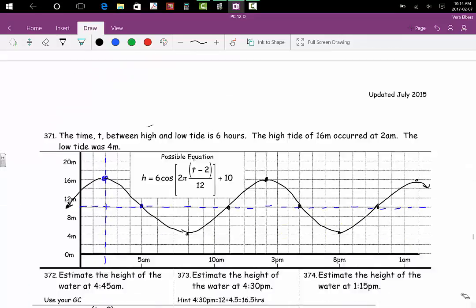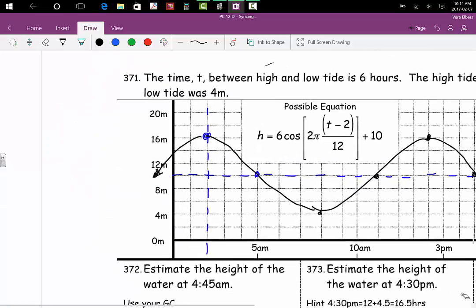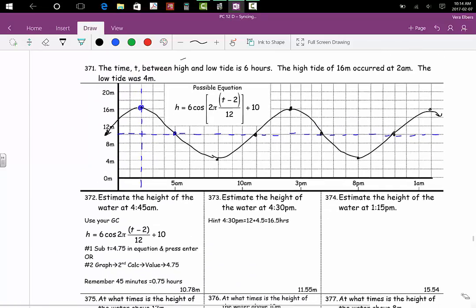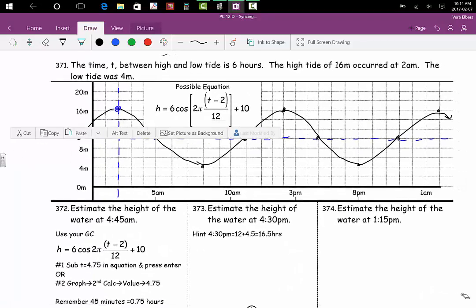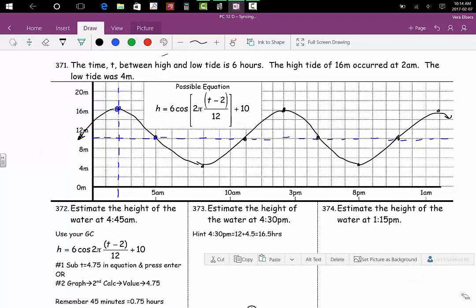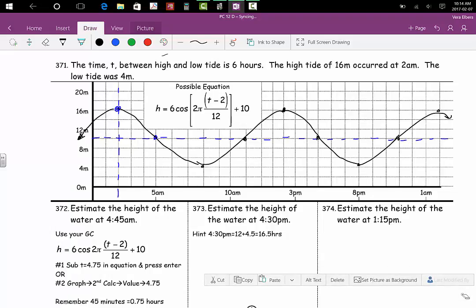And we're going to take a look at a graph that has already been done for us. Okay, so 371 is the graph we'll be looking at. We have a graph, and we are given a possible equation. It is the height is equal to 6 cosine of 2 pi times t minus 2 all over 12 plus 10.